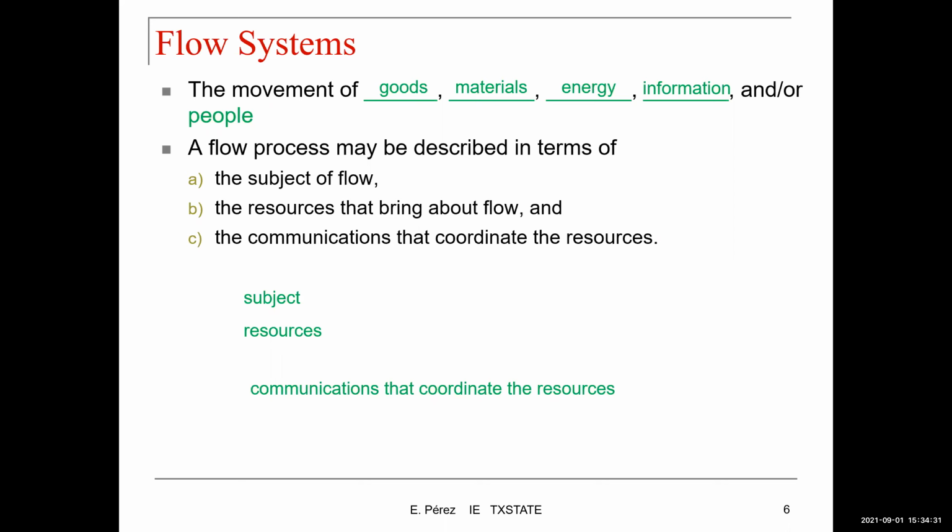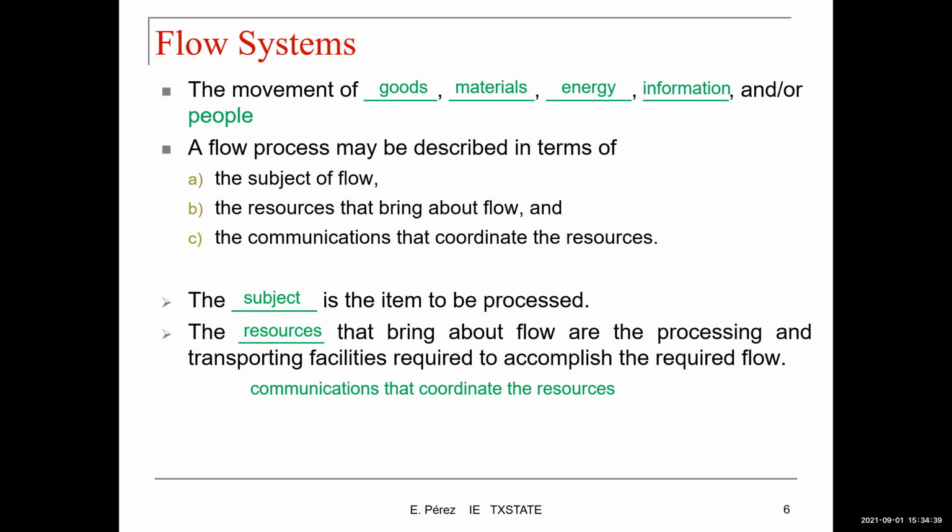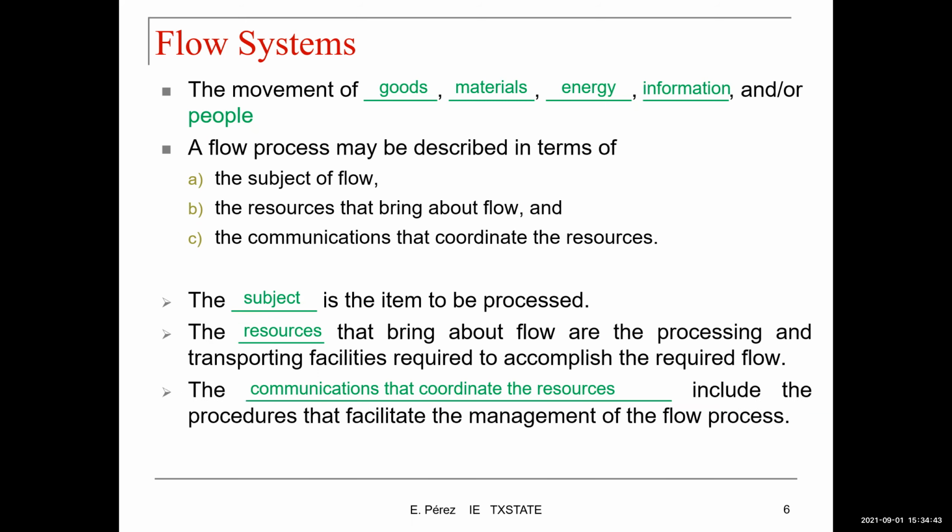A flow process might be described in terms of the subject of flow, the resources that bring about the flow, and the communications that coordinate the resources. I apologize for the animation. The subject is the item to be processed. Again, it could be goods, materials, energy, information, people.